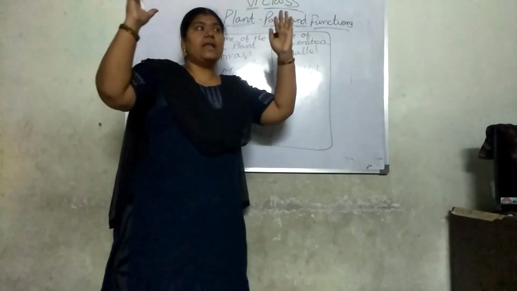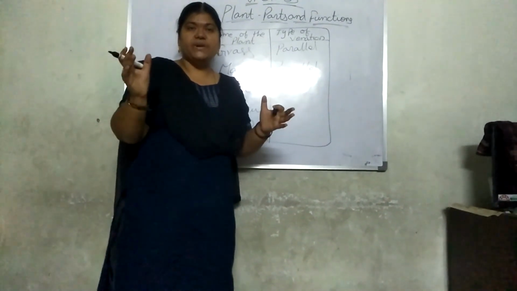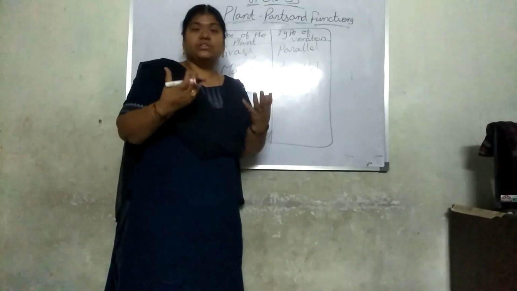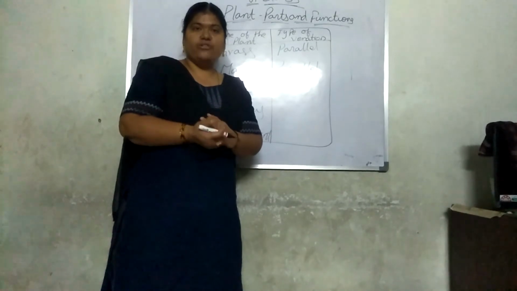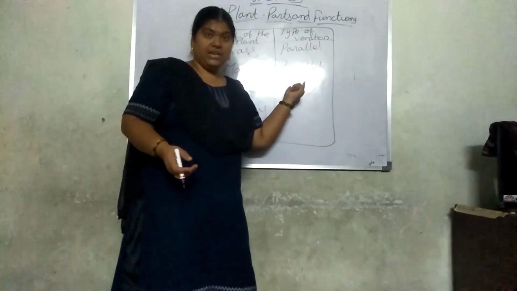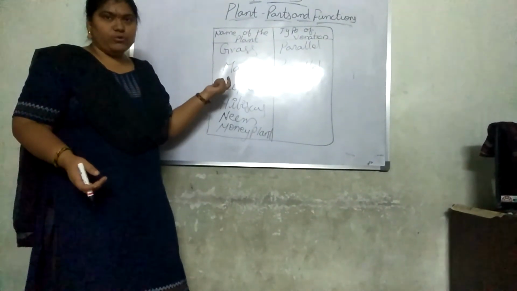It grows very large, big in size, and bunches of fruits will be present. To bear those fruits the tree should penetrate deep into the soil. Because of that, the leaf has parallel venation also, and it comes under the taproot system.